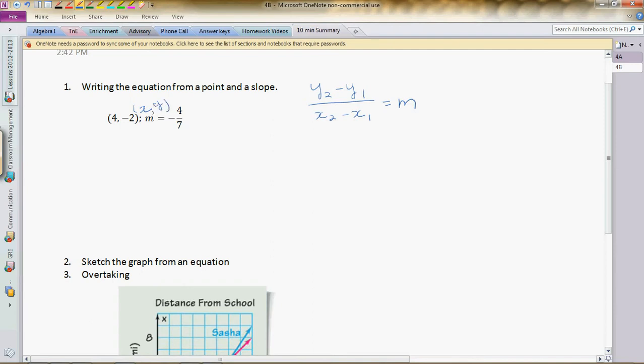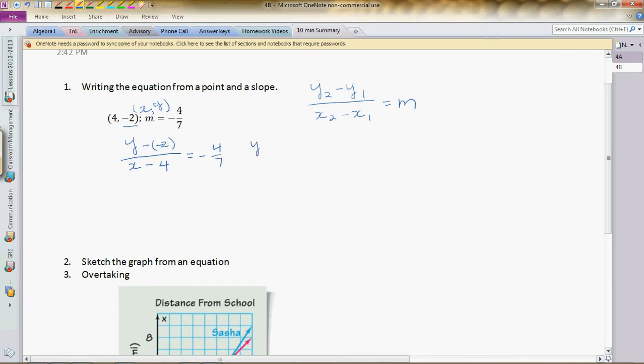Let's say this is the second point, so the second y will be y minus first y in the first point, which is -2, over second x, which is x coordinate of the second point, minus x sub 1, which is first x, which is 4. And that has to be equal to the slope. In this case, it's -4/7.